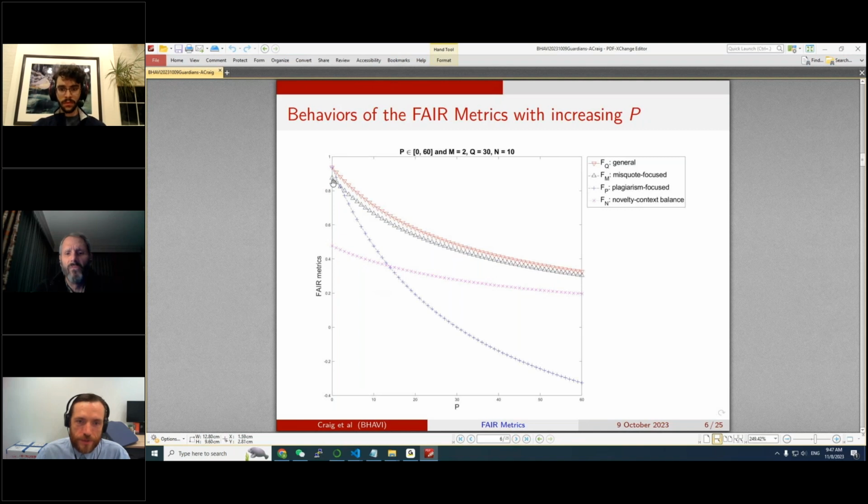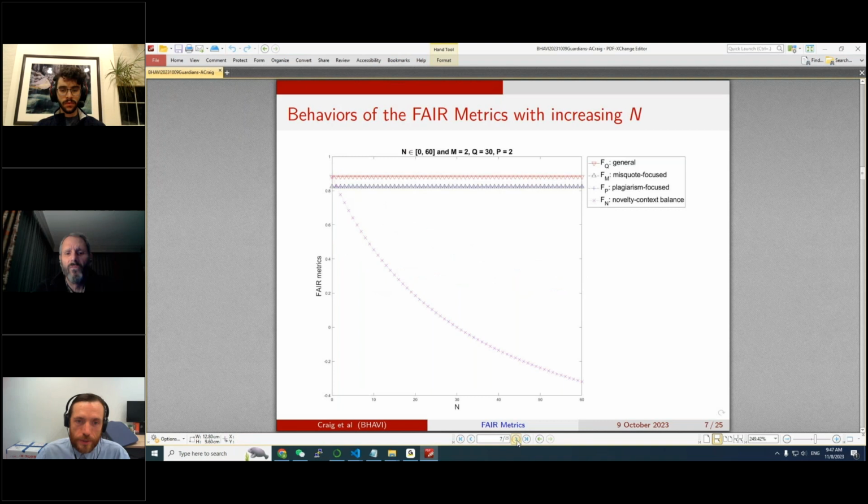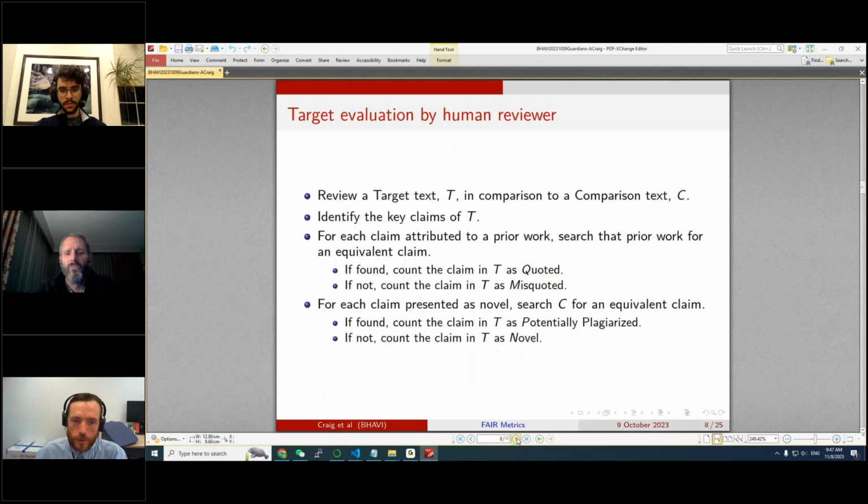And same for F sub P with potentially plagiarized statements. And finally, the first three don't have anything to do with the number of novel statements, whereas F sub N does decrease as the number of novel statements vastly outstrips the amount of context from quoted statements.